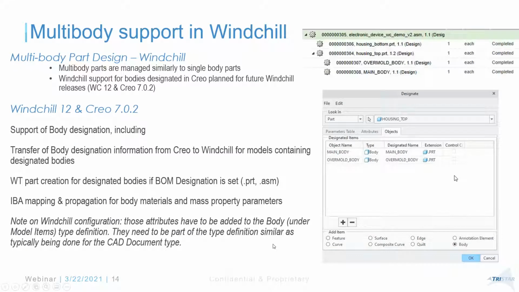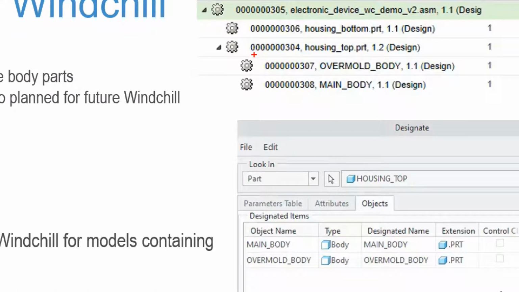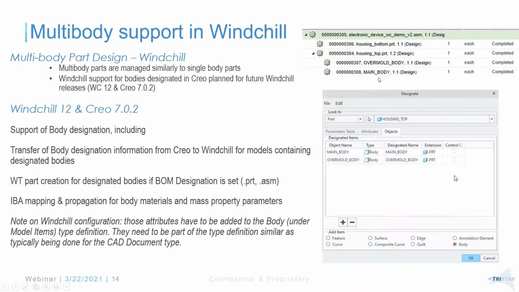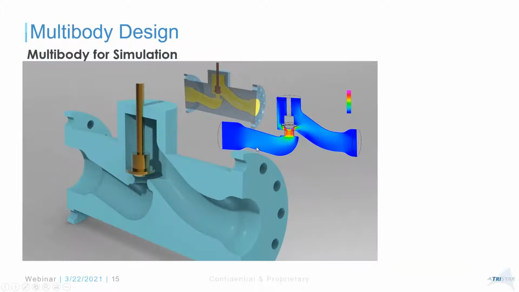That way, when you check into Windchill and look at your WT part structure, even though it's a .prt, you are able to see the structure. The bodies, I should say, can contribute to your WT part structure there, if you are currently using WT part. So that's just another thing that's coming up, obviously, Windchill 12 and Creo 7 support that.